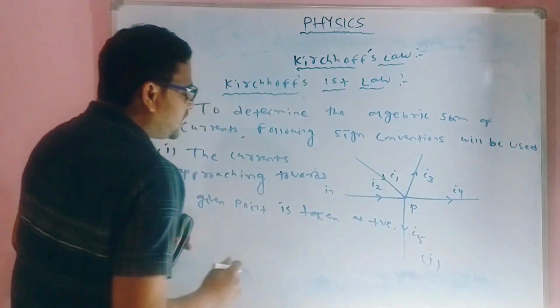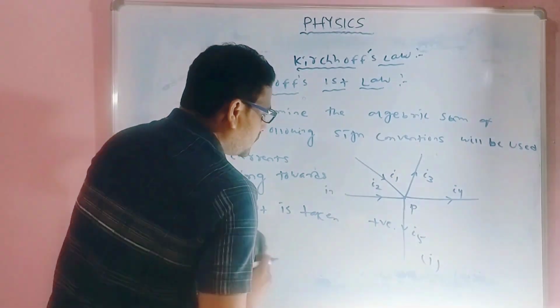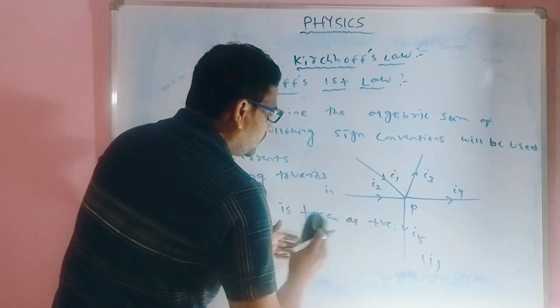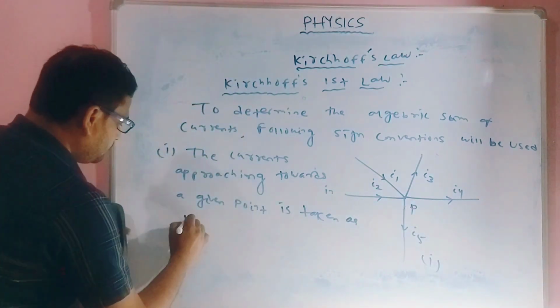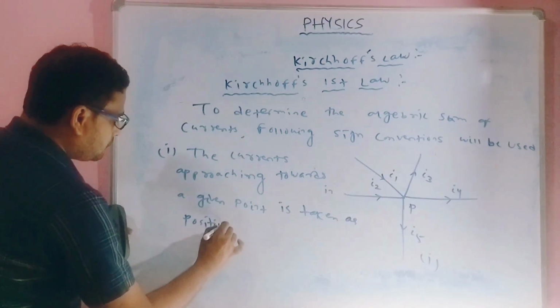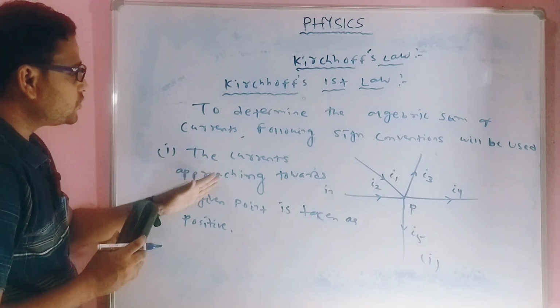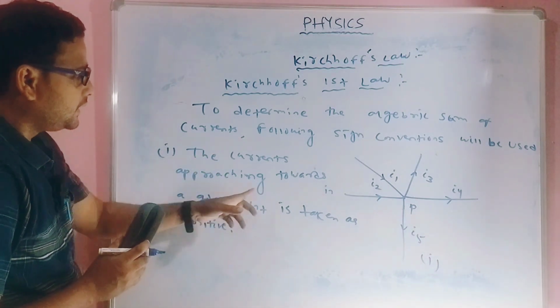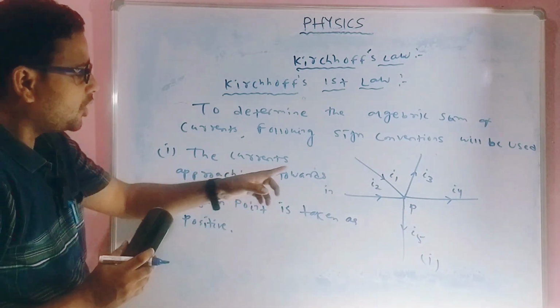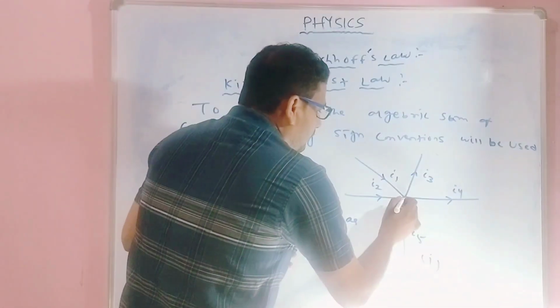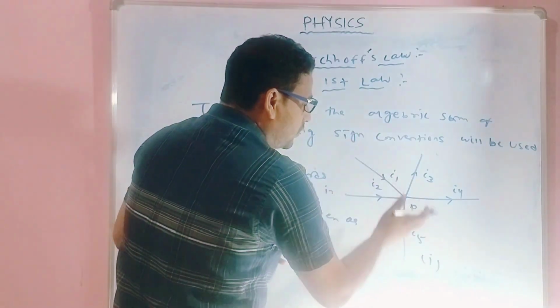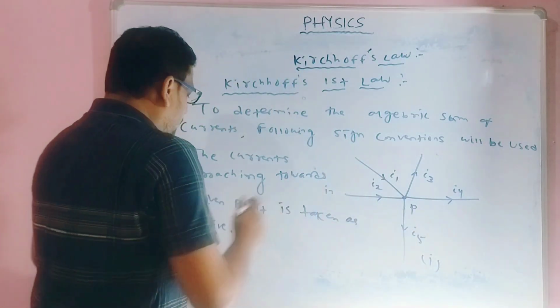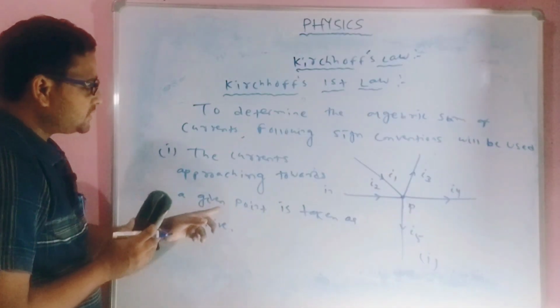Very simple, positive. If the current is approaching towards point P, coming towards that point, then the current will be positive.